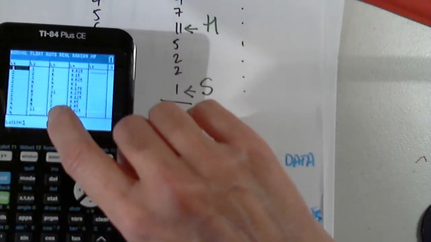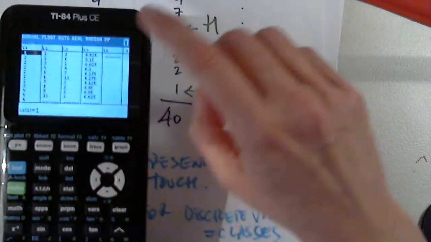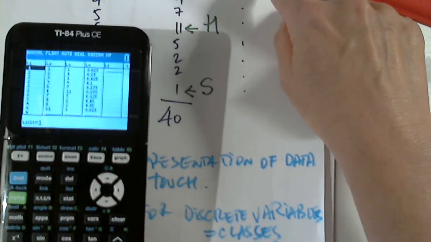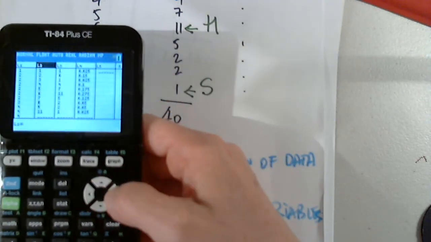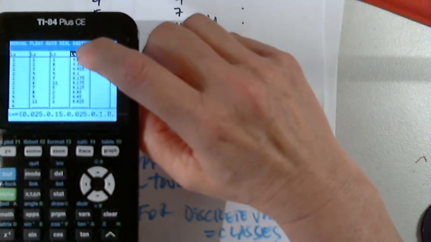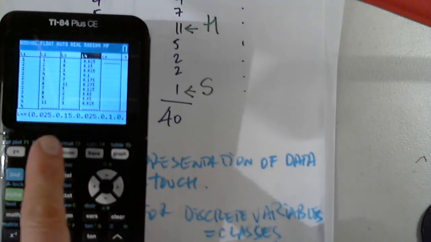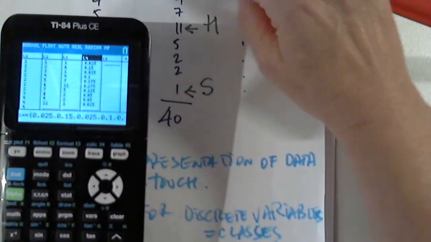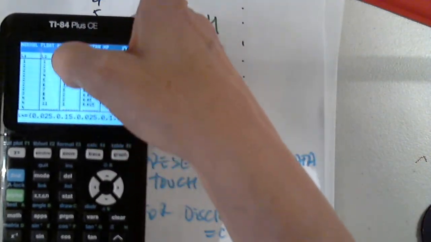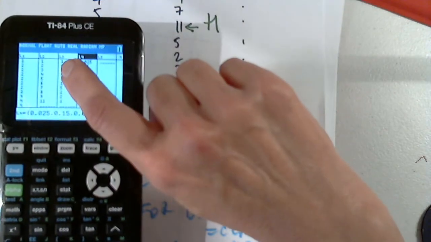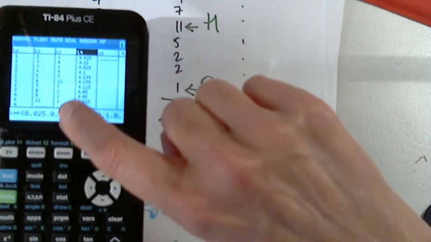How do I determine, as one of your colleagues asked, the relative frequency? What you do is highlight the top of the column and enter the label of the column where you have the frequency. I have the frequency in L3: 1, 6, 1, 4, etc.